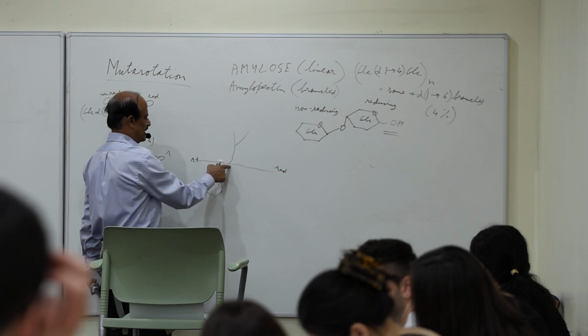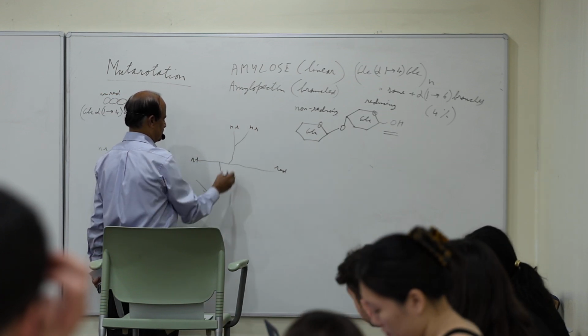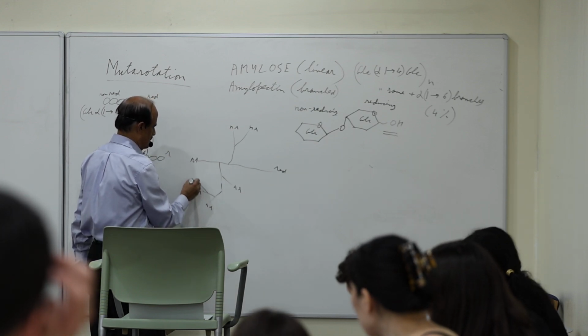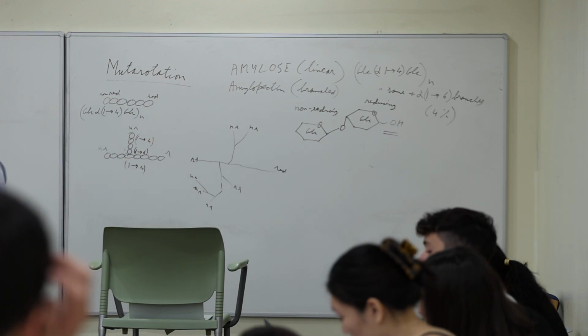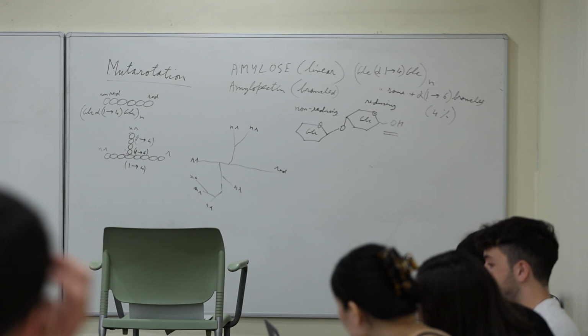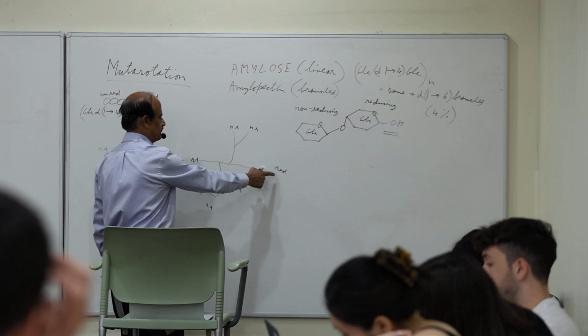Every time you are starting a branch, this becomes another non-reducing end. So there will be numerous non-reducing ends depending on the number of branches. And there will be only one reducing end. That's where the first glucose started, that has the only anomeric OH.